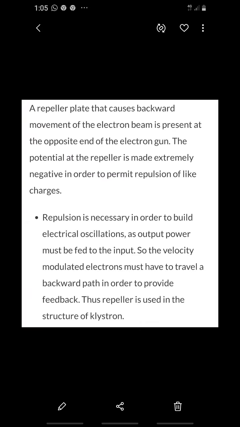And here a repeller plate that causes backward movement of the electron beam is present at the opposite end of the electron gun. The potential at the repeller is made externally negative in order to permit repulsion of like charges.